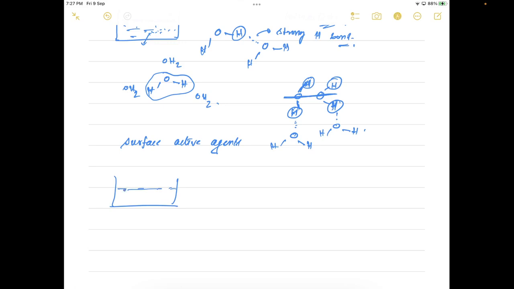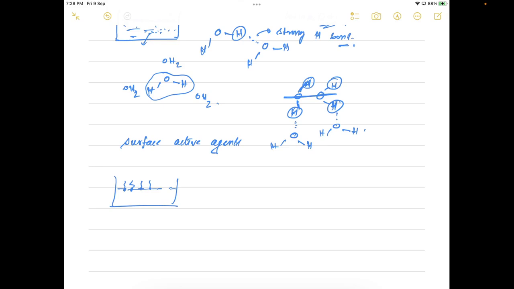They will deposit on the surface. Previously there were water molecules here, right, and the surfactant molecules come and replace the water molecules on the surface and deposit there.